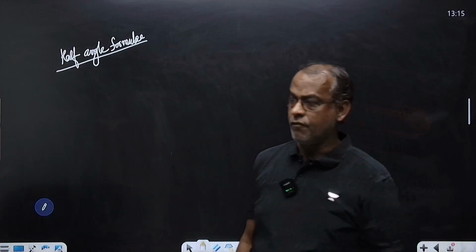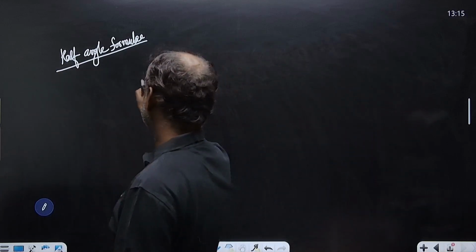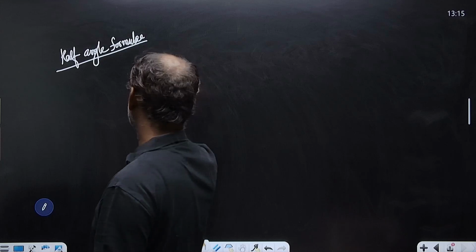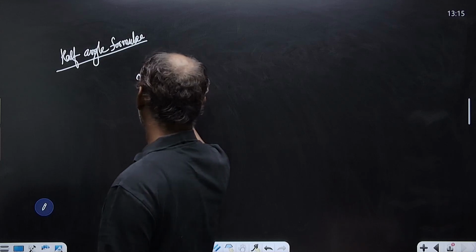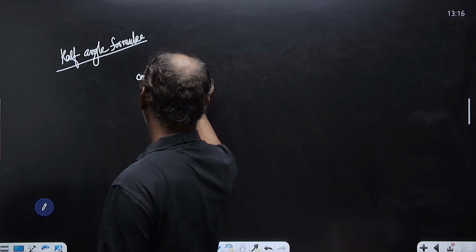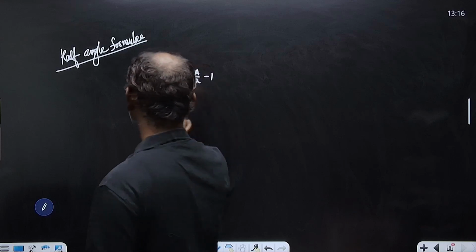So what are half angle formulae? See, cos A is 2 cos square A by 2 minus 1.